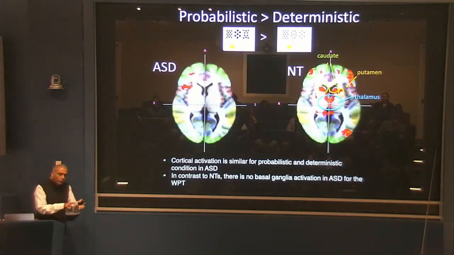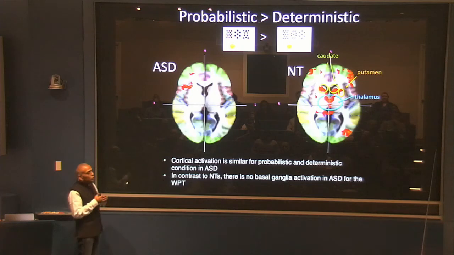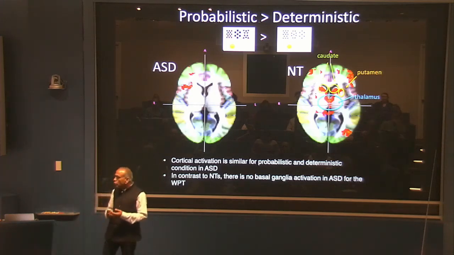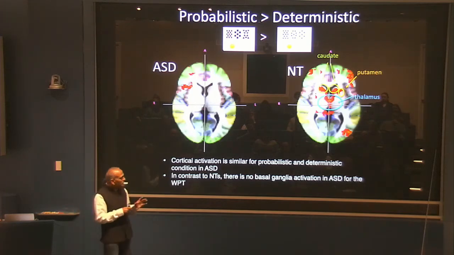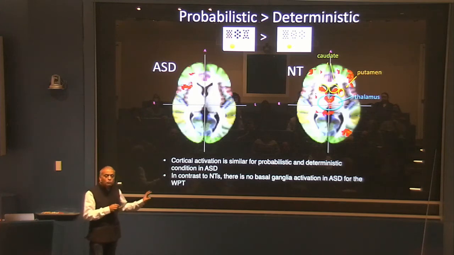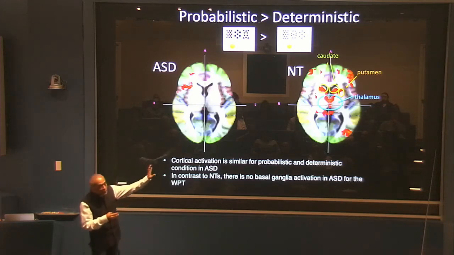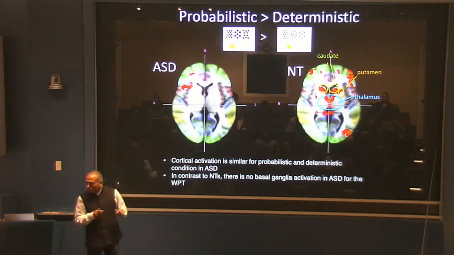If you subtract one from the other, so you look at which regions of the brain are responding more to the probabilistic task relative to the deterministic task in the AST population and in the NT population, you see some interesting differences. There are very few regions that differ across these conditions in AST, but many more in the neurotypical brain.